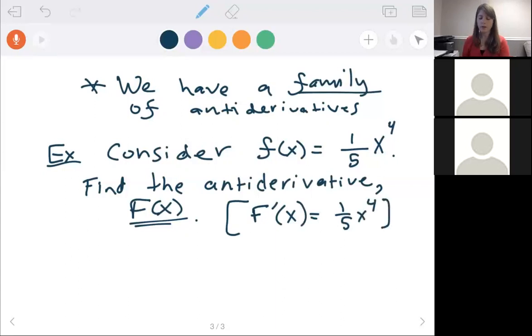I want both of you to think for just a moment, if you can find a function whose derivative gives you 1/5 x to the 4th. All right, so do we think we have any that work? You can either unmute yourself and give a response, or you can type in the chat box, either way.